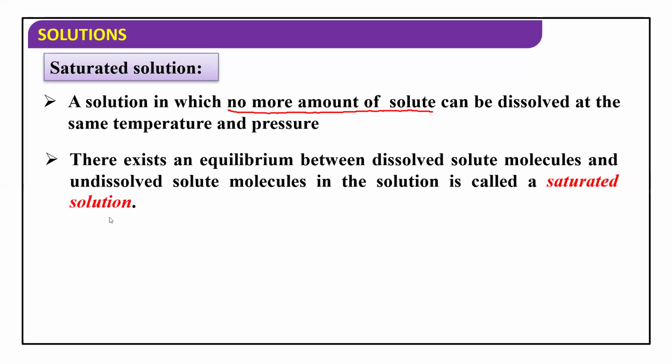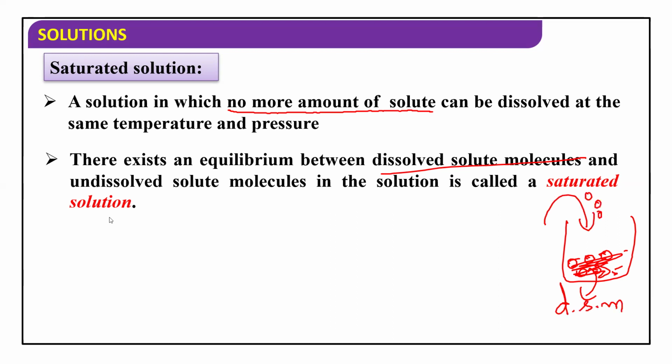We have a container with a solvent, and we have added a solute, and it has dissolved. This is the dissolved solute molecule. If I still add some solute particles here, they will not get dissolved. So that solution is called a saturated solution. Solute plus solvent is in equilibrium with the solution.